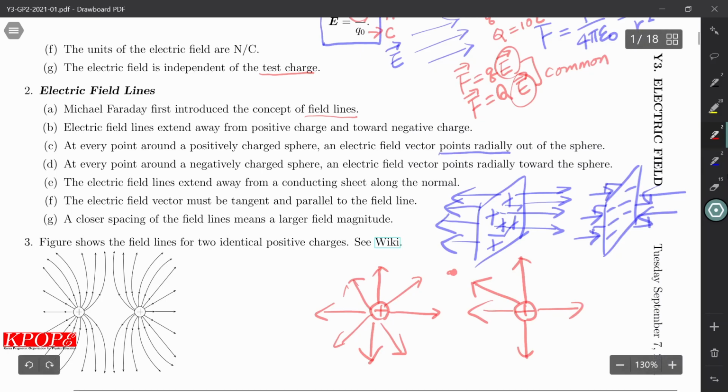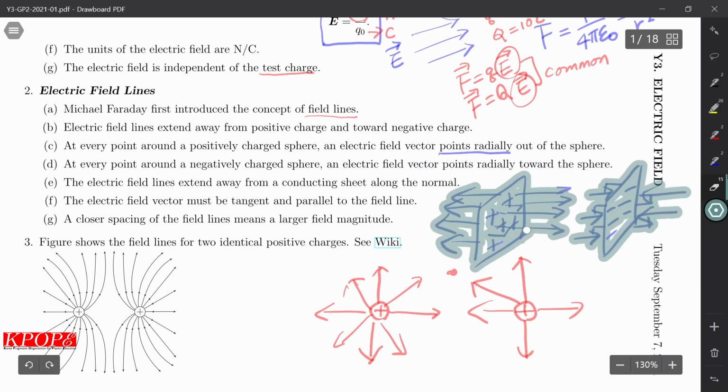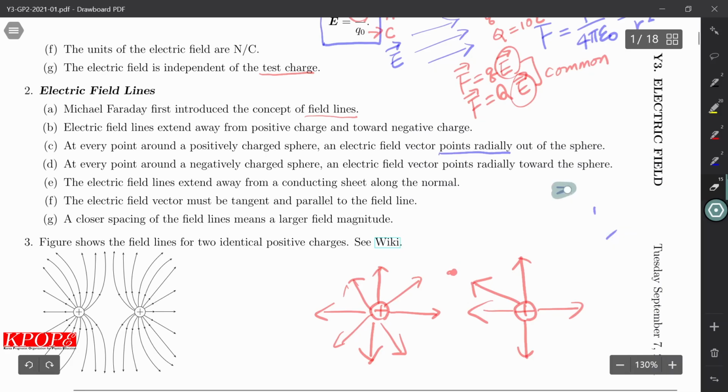So if I combine these two, this contribution, and the sum is this one.